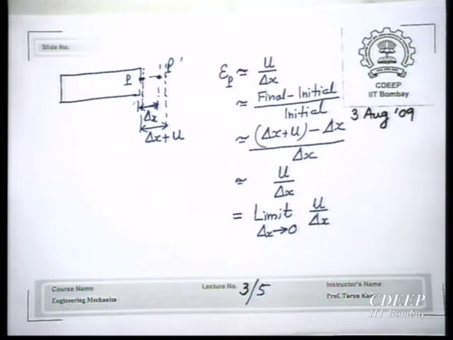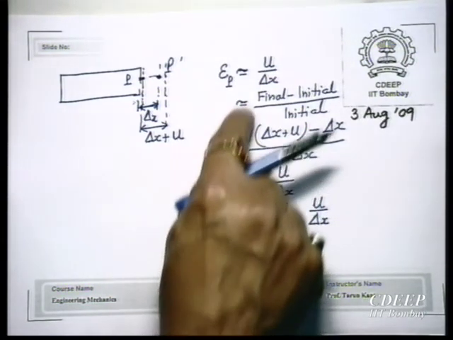So, the definition of the derivative of a function y with respect to x is dy by dx, in the limit as delta x tends to 0. So, this will be your basic definition. Strain at a point is this correct definition; all these others are approximate.